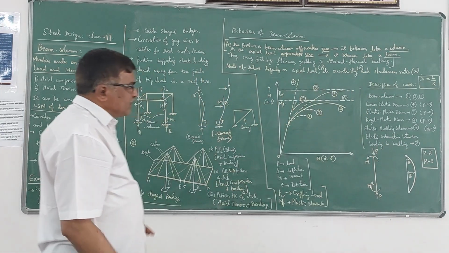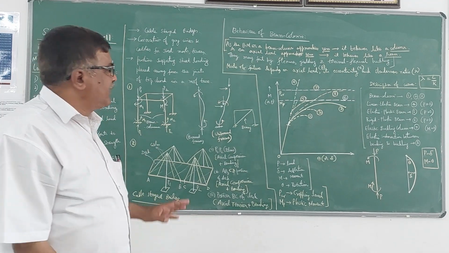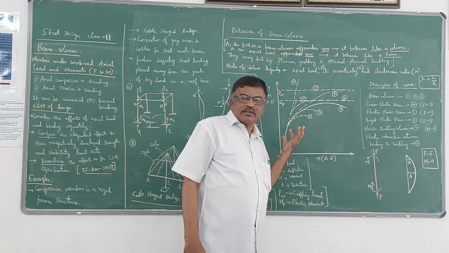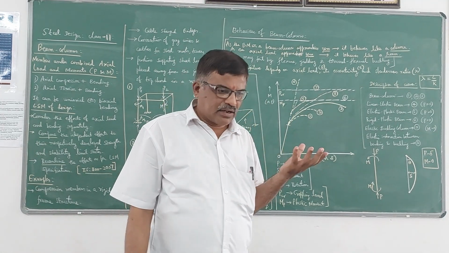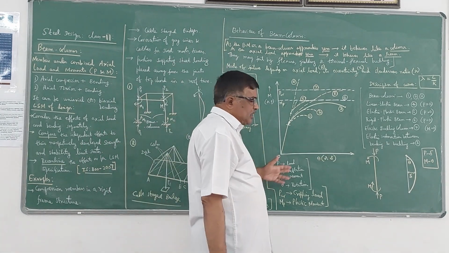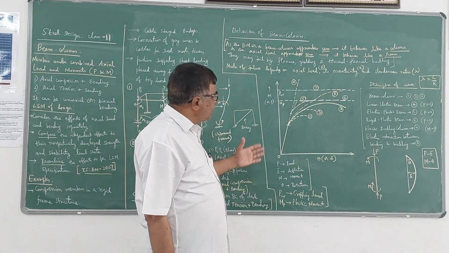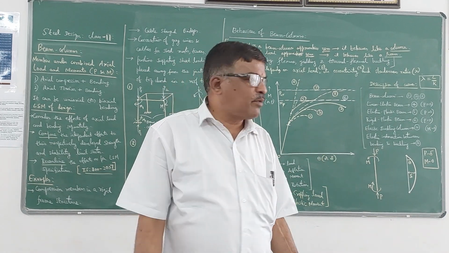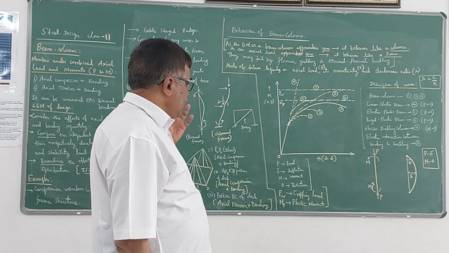So when the specimen is subjected to a test and you plot the load deflection or moment rotation graph, depending on the type of graph, you can decide what type of behavior that beam column will have.